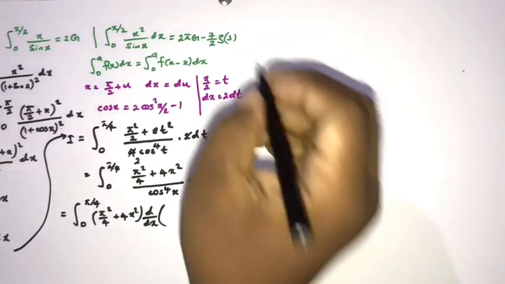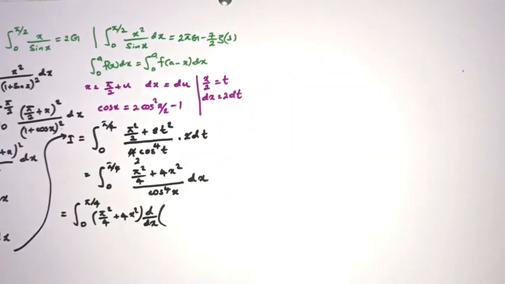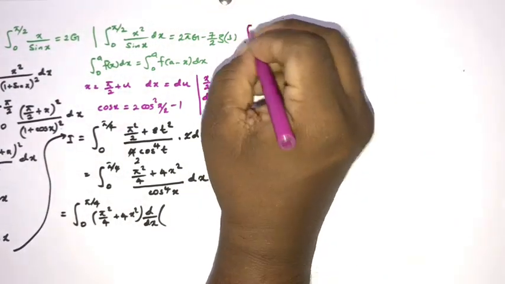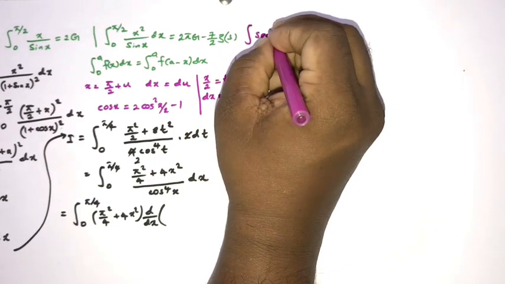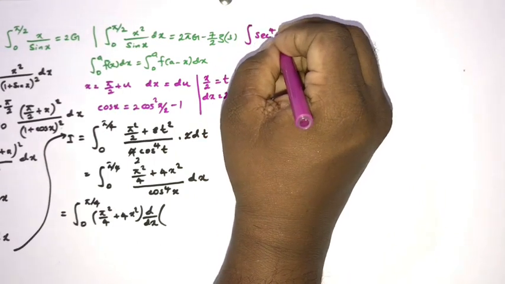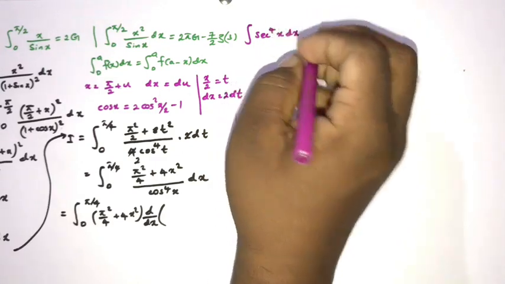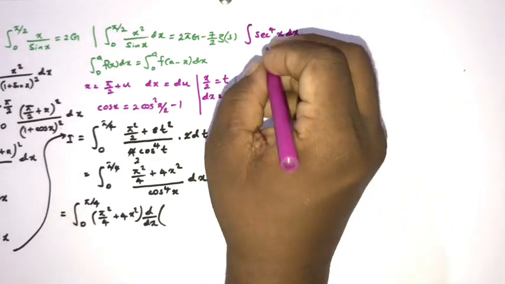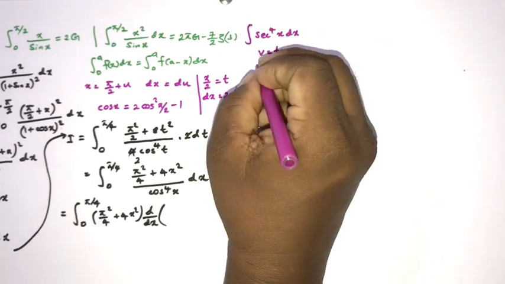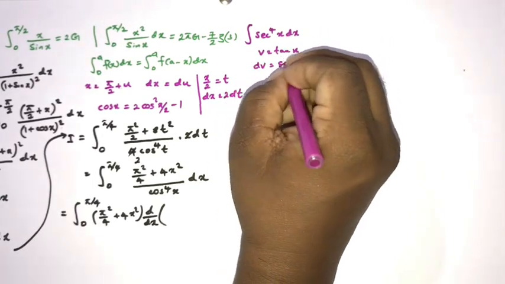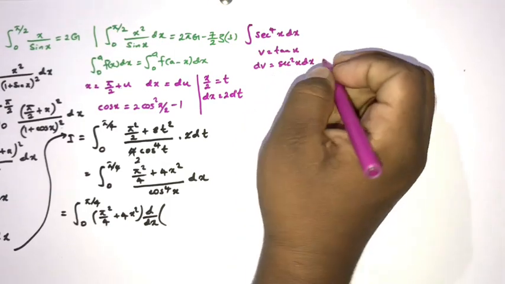Okay, the integral of dx over cosine to the 4th power, so we can write this is equal to sec⁴x dx, and we can use a substitution. v is equal to tan x, then differentiate, dv is equal to sec²x dx.